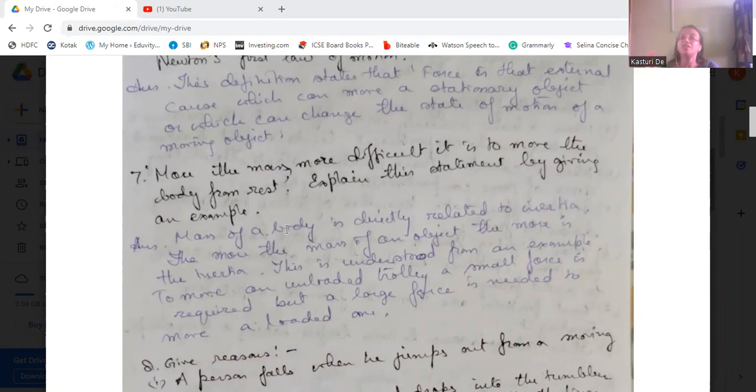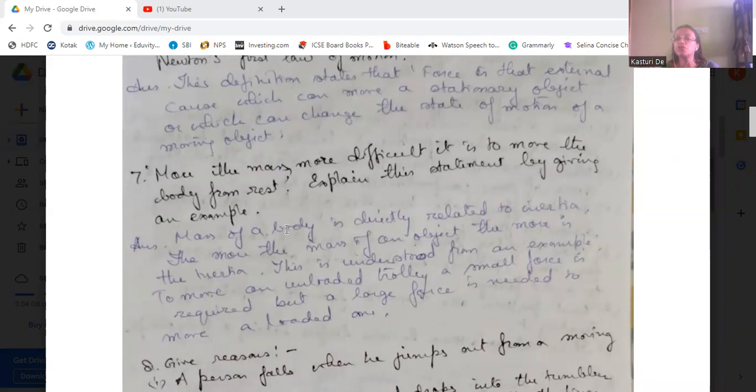It is directly proportional to inertia. If mass increases, inertia will be more. If the mass decreases, inertia will be less. The more the mass of the object, the more will be its inertia.